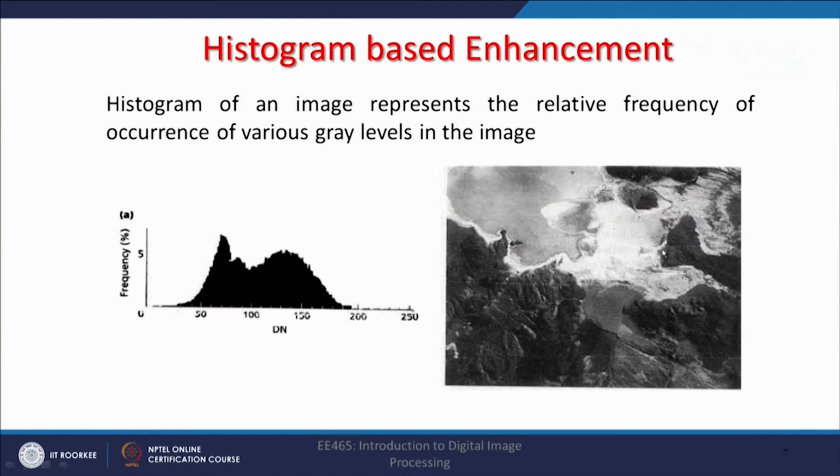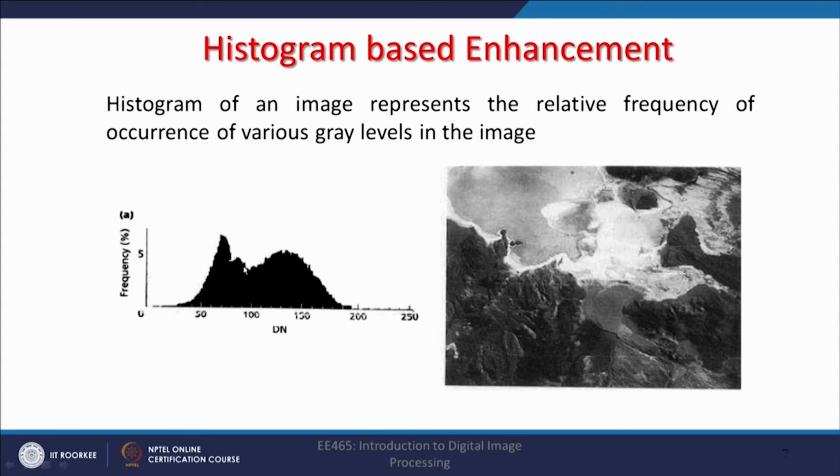You can see that there are lighter shade areas, maybe water body with sediments and other things having higher values, and therefore you are seeing one peak which corresponds to these brighter areas. Then you are also having darker areas, which are represented here, and the brighter areas are represented later on here.